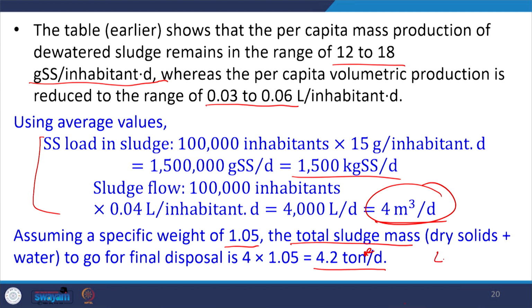That means 4200 kg has to be handled, which itself will contain around 1500 kg SS per day. So, this is the rough calculation that can be used further on for performing various calculations. So, this is the rough idea that we have obtained.